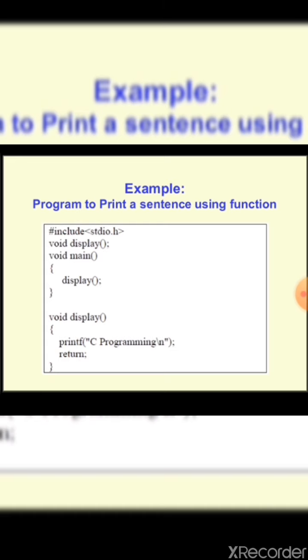Whenever you call it, it will go to the corresponding function definition part. In the function definition you can write some statements. Here our task in this example is to display something, so we write a printf statement, C programming, and it will be displayed.